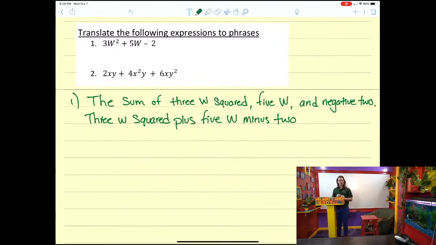But as long as you have the concept down, notice that when we describe the sum of the three things, I have to include the 2 with the descriptor of negative, because sum implies addition. So I need to make sure that I indicate that that's negative, whereas if I say minus, then I don't need to say negative 2, because it's implied that the operation is subtracting, right? Subtracting a positive is the same thing as adding a negative.